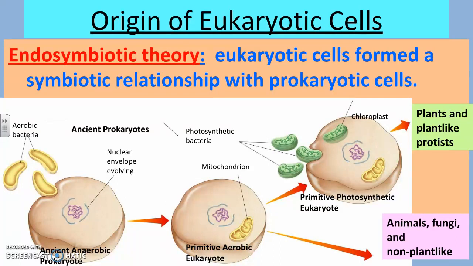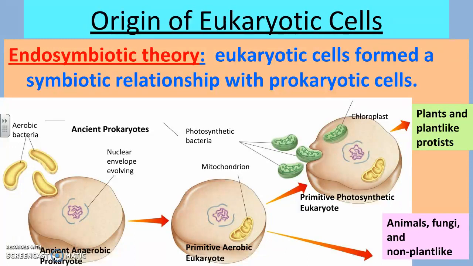All right, so those bacteria that produced oxygen, they were called aerobic. They were anaerobic, sorry. And some of them engulfed aerobic bacteria. And those aerobic bacteria then evolved into our plants, our protists, our animals, and our fungi.